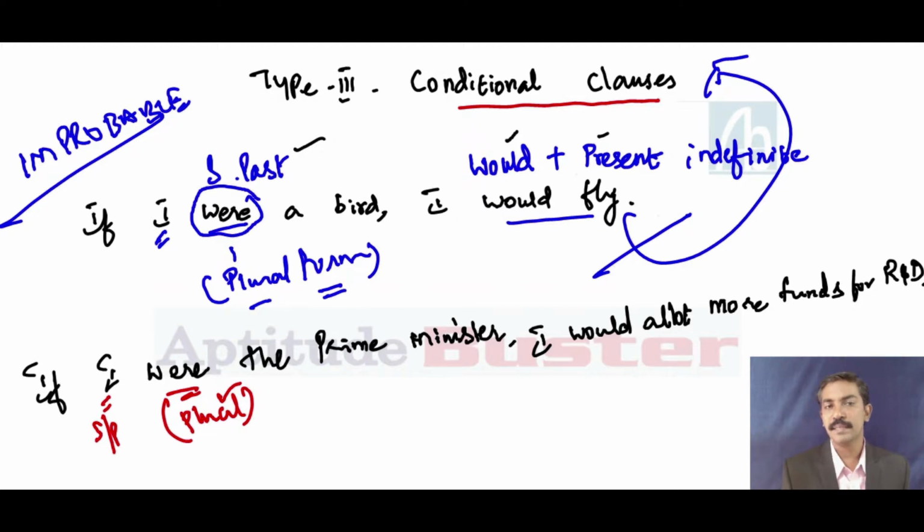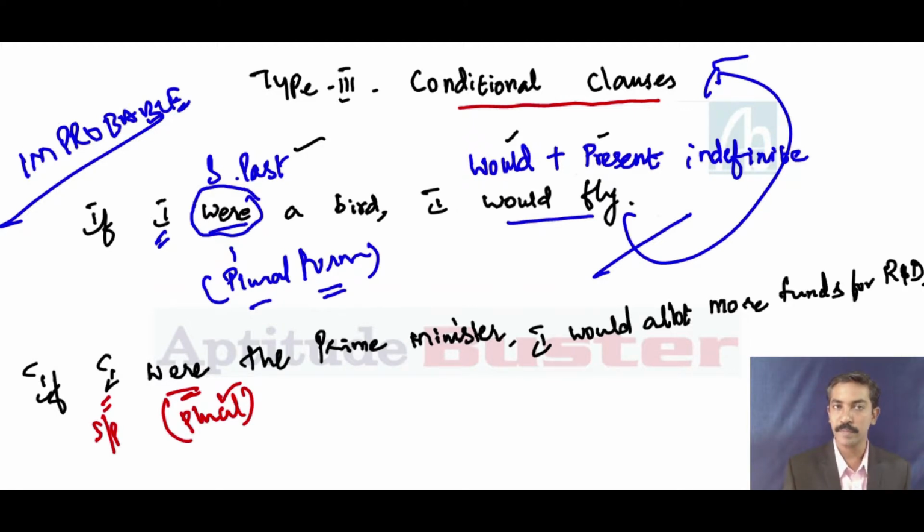Now, in total there are 3 conditionals. Condition 1 is called probable, meaning it will talk about a condition which will happen. Condition number 2 is called improbable, which will discuss a condition which will never happen. In total, there are only 3 conditionals, of which I discussed 2.